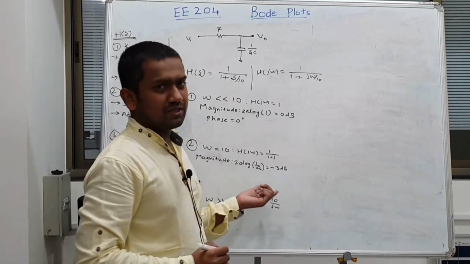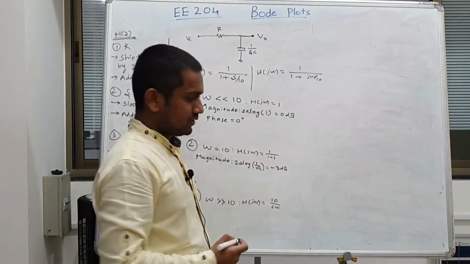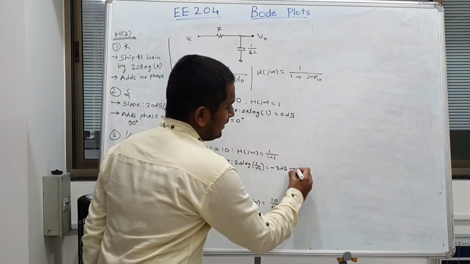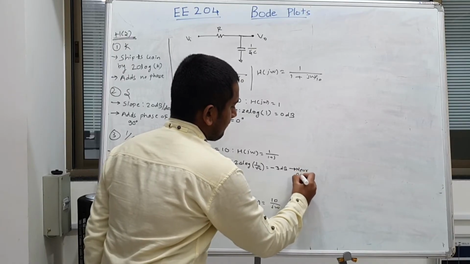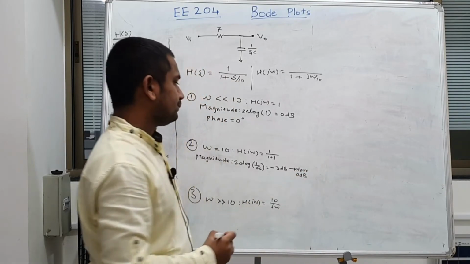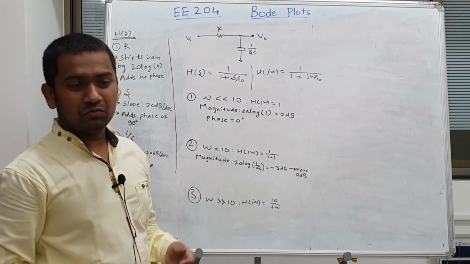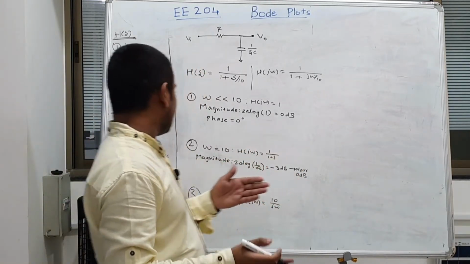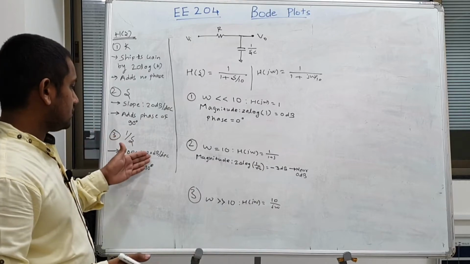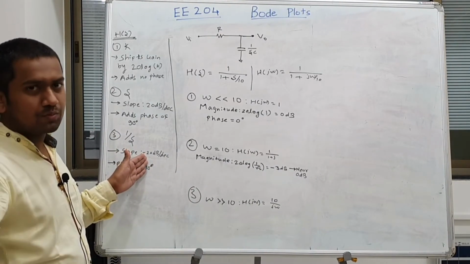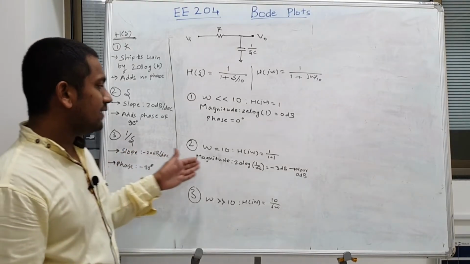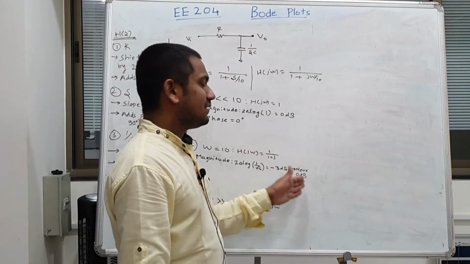Our first approximation for drawing asymptotes is that this is near 0 dB. Compared to this, in one decade the pole drops by 20 dB, and in 2 decades it drops by 40 dB. So comparatively minus 3 dB is near 0 dB.